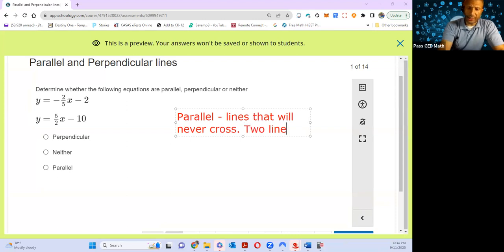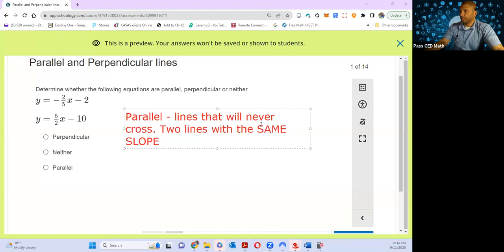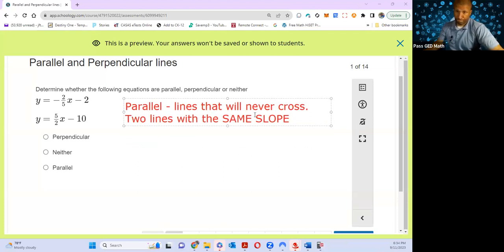Parallel lines are two lines that will never cross. Okay? What's a perpendicular line?